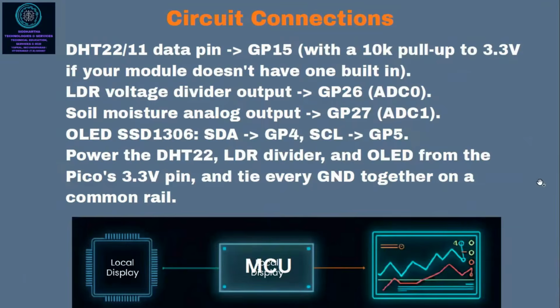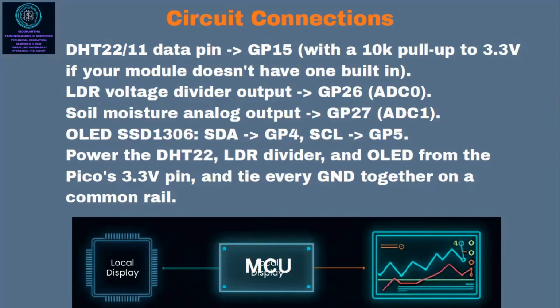All right, the circuit connections are as shown here. I have drawn a very rough circuit, which I will show later. The DHT22 or DHT11 is connected to GPIO 15, working on a 3.3 volt supply. The LDR is connected through a voltage divider: one end to supply, the other end to ground, and from the center it is given to GP26, an ADC connection.